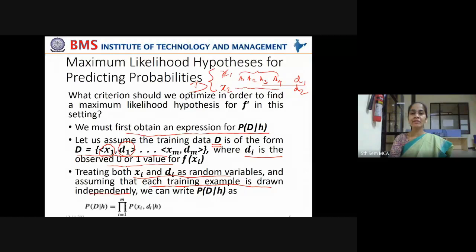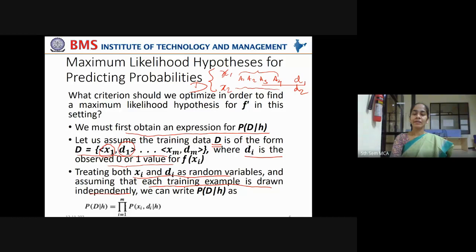What do we mean by this? Each training example is drawn independently means what? You are drawing one training example and the selection of this training example doesn't affect the selection of the next training example. That is called independent drawing of the sample, or independent drawing of the training example.